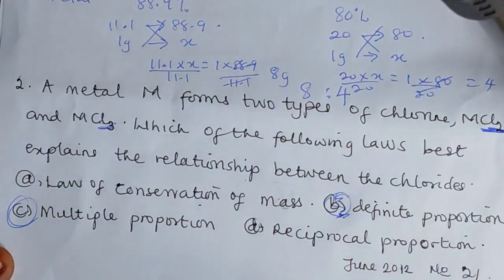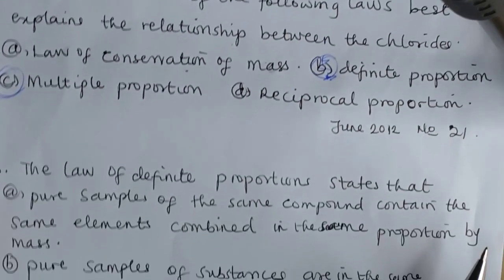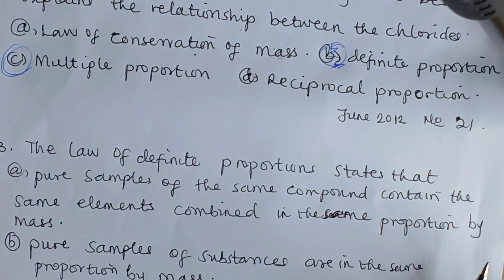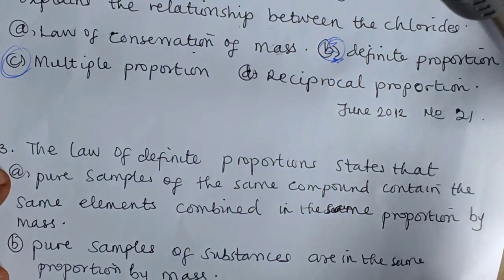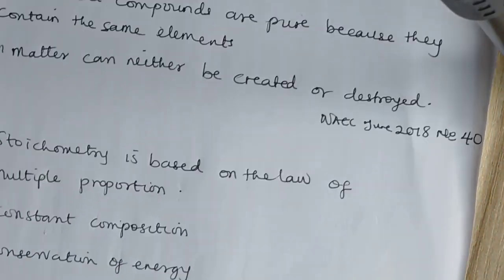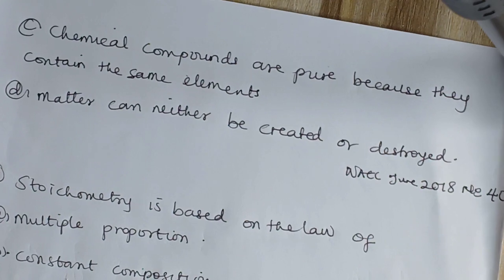And the next question here is, the law of definite proportions states that pure samples of the same compound contain the same elements combined in the same proportion by mass. Which one is the correct option? Pure samples of substances are in the same proportion by mass. Then chemical compounds are pure because they contain the same elements.